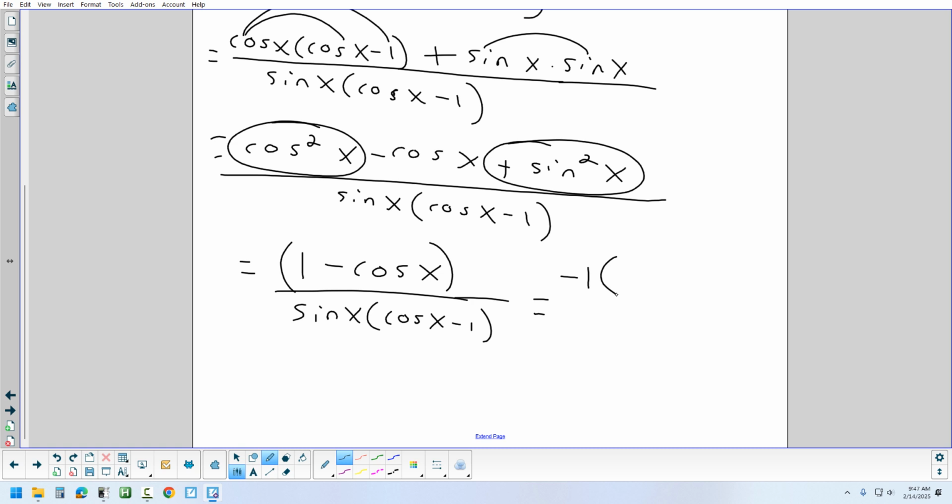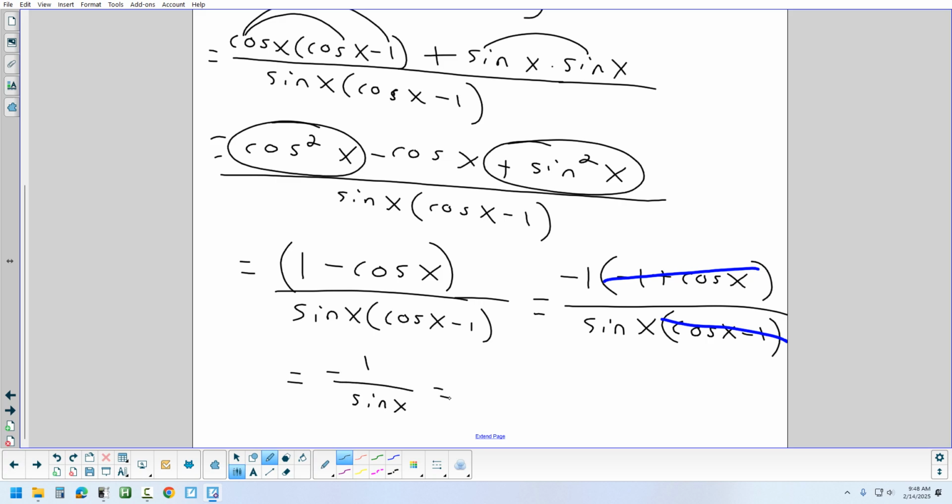Now you have -1 times cosine minus 1, and in the bottom, you have sine times cosine minus 1. Those two things in parentheses now are exactly the same. Cosine with a -1, cosine with a -1. So now you're left with -1 over sine.